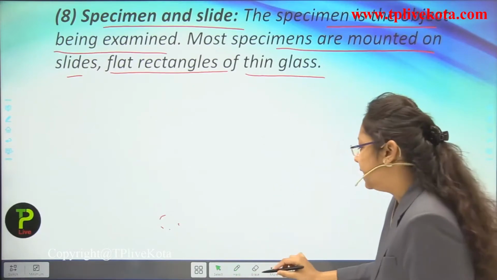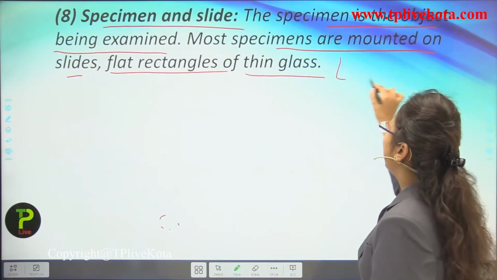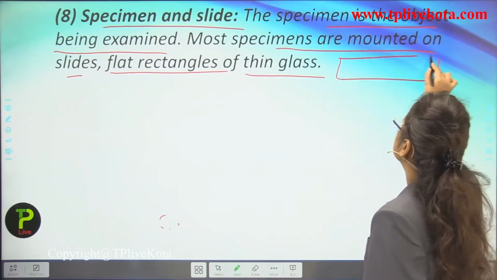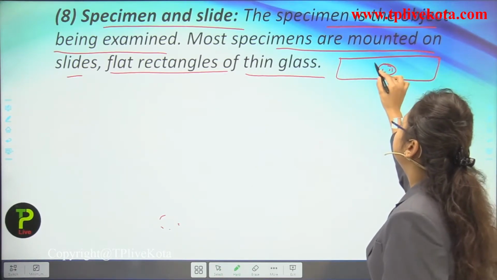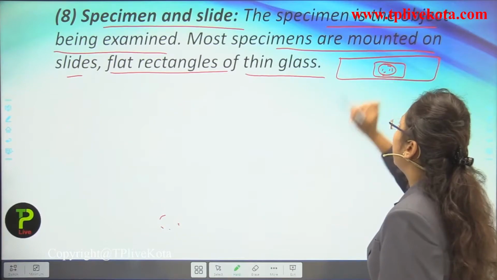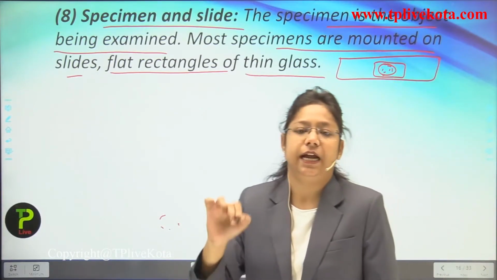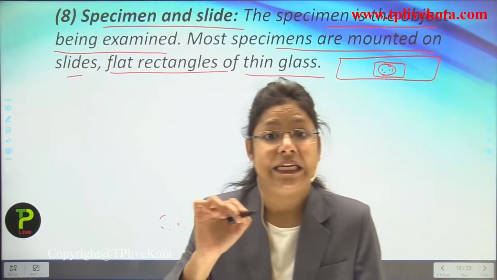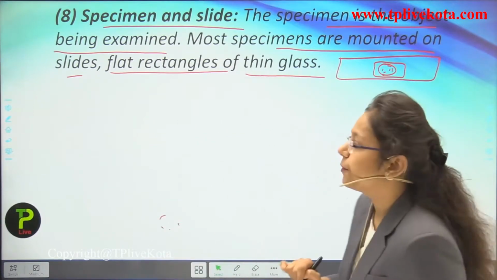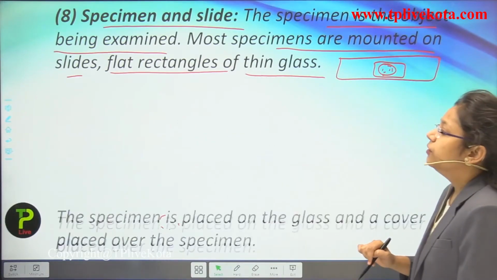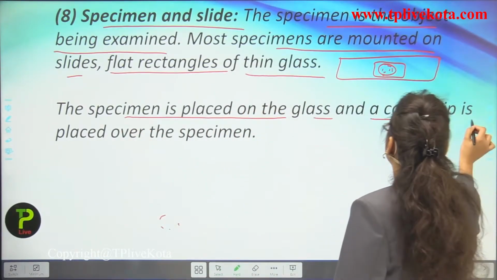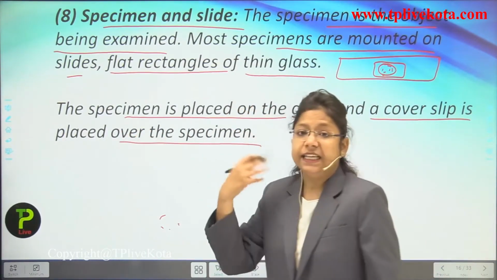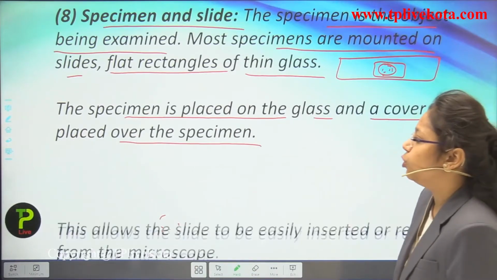They are flat rectangles of thin glass on which the specimen is put, then it is dyed, covered with the glass cover slip, adjusted under the microscope, and then viewed. This is the whole procedure which we are going to study further also. The specimen is placed on the glass and a cover slip is placed over the specimen. Now you are understanding this whole procedure.